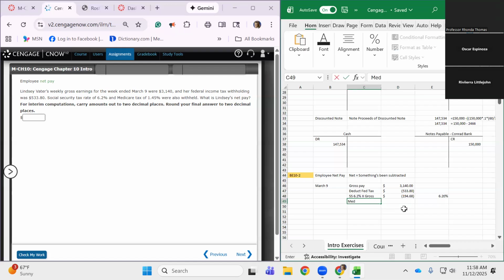Okay, Medicare. Medicare is 1.45% times the gross. And then we'll subtract everything. Luckily there are a lot of good payroll programs that will basically do this for you if you are an employer or a business.